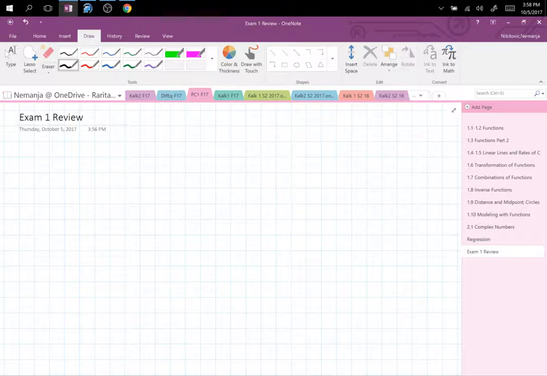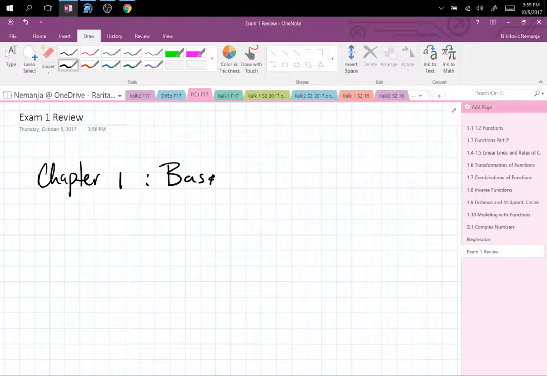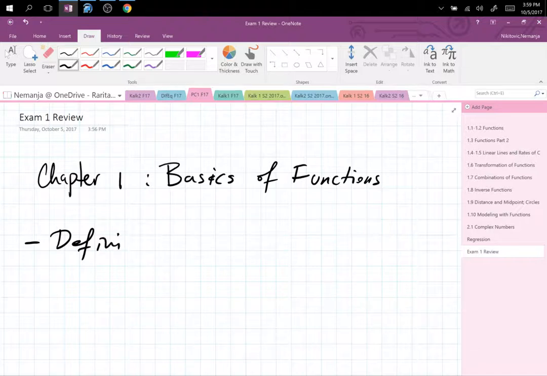The exam is on chapter 1, which deals with basics of functions. So the topics: we said the definition of the function is a must.